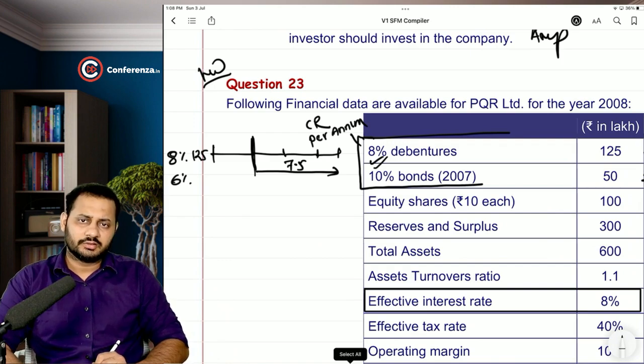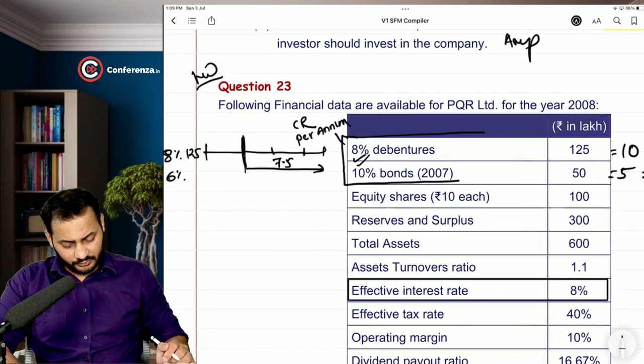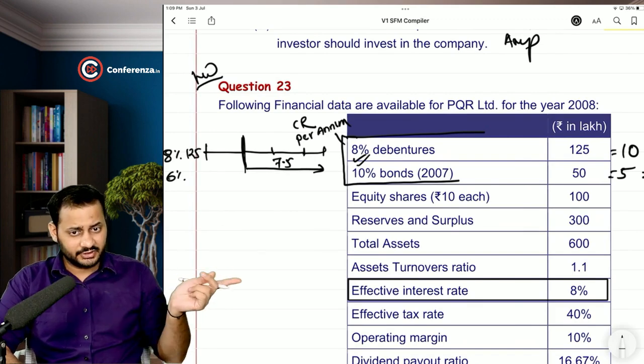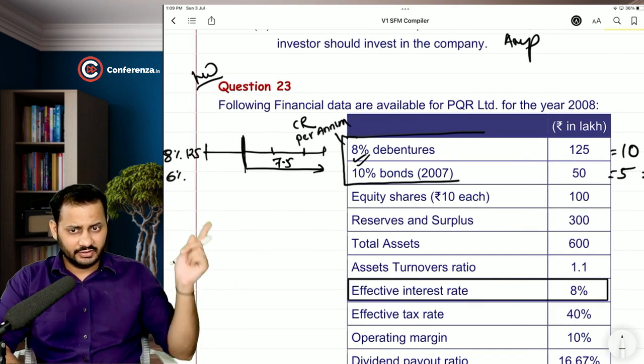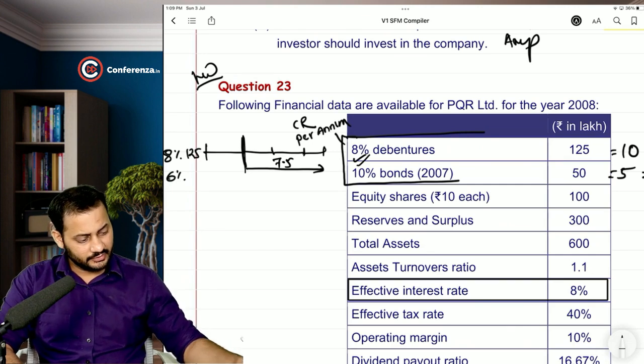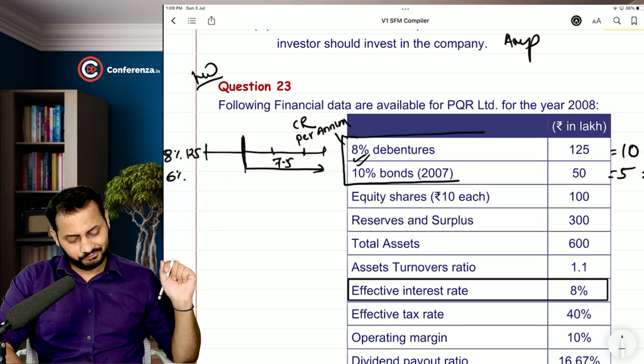Just understand this. Okay, after that, 7.5, and let's say for example I will match it to that interest rate, so I will just revise it. 125 into 6% is 7.5, and 7.5 and 5 won't be matching.